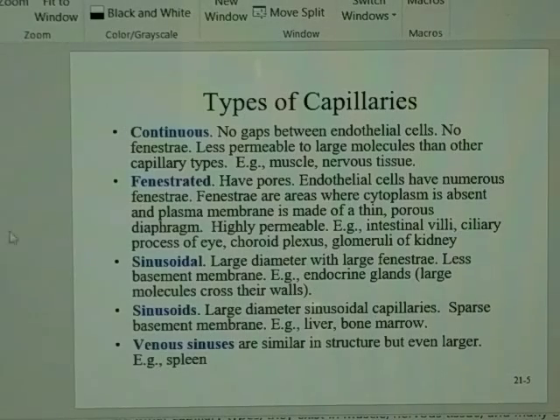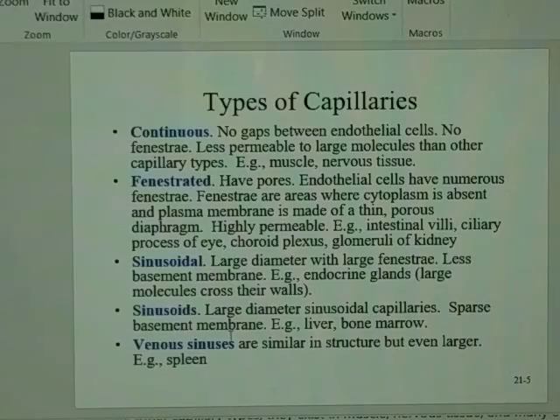Sinusoidal capillaries are very common in the liver and bone marrow, where we need to move red blood cells and macrophages. So we're going to have them full of these gaps so that larger materials can move through.